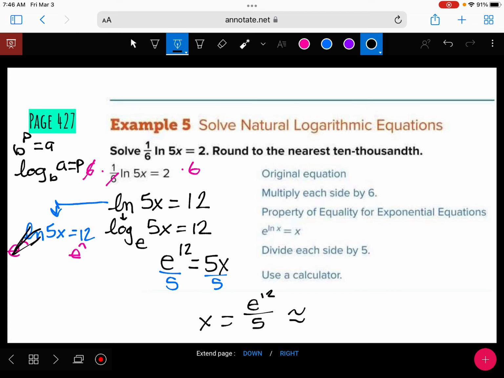And it's going to give you a very big number: 32,550.9583, to 4 decimal places.